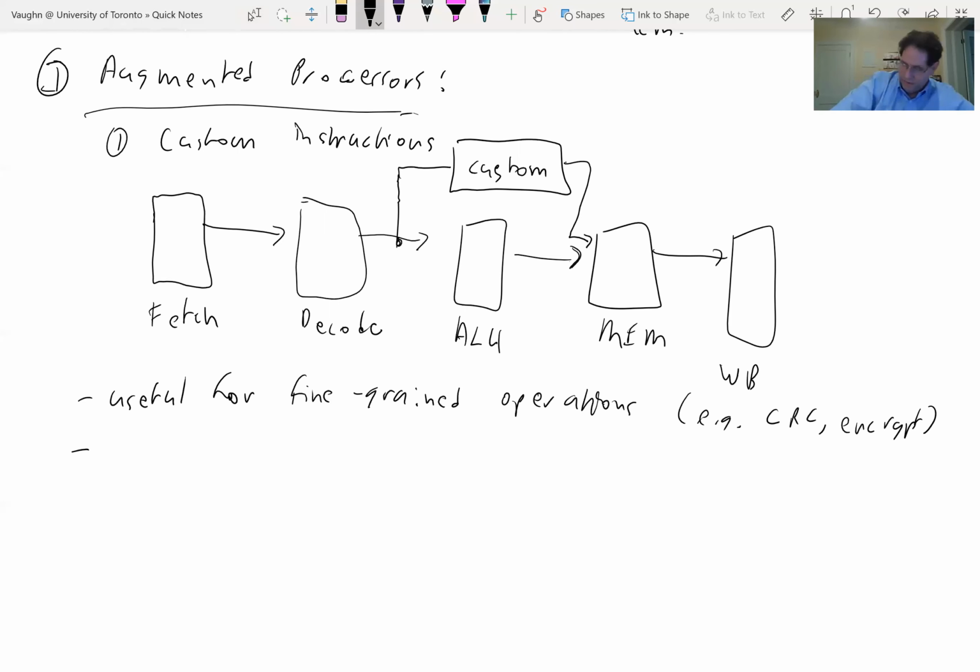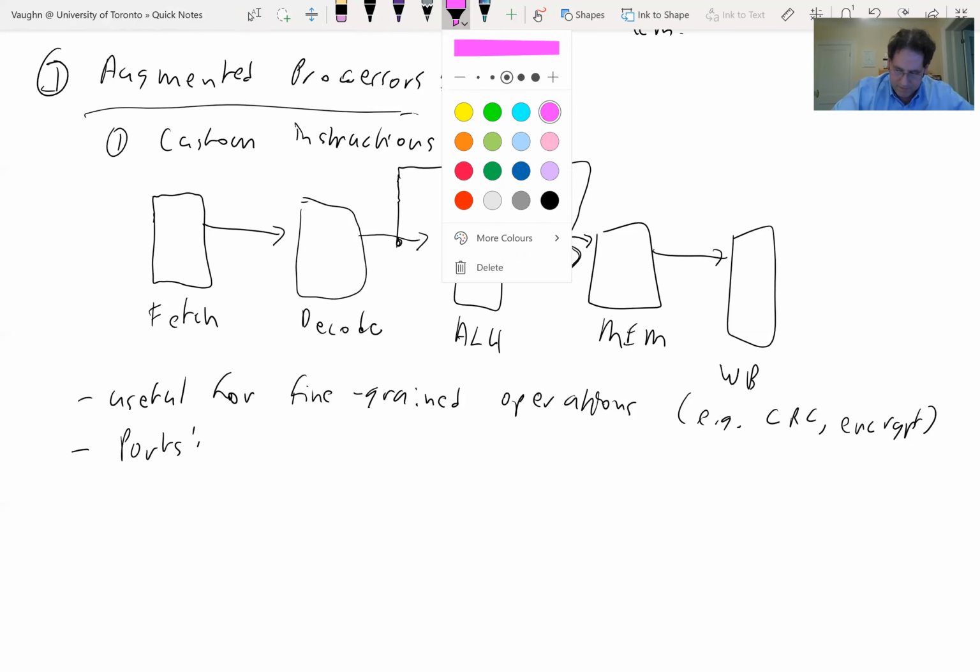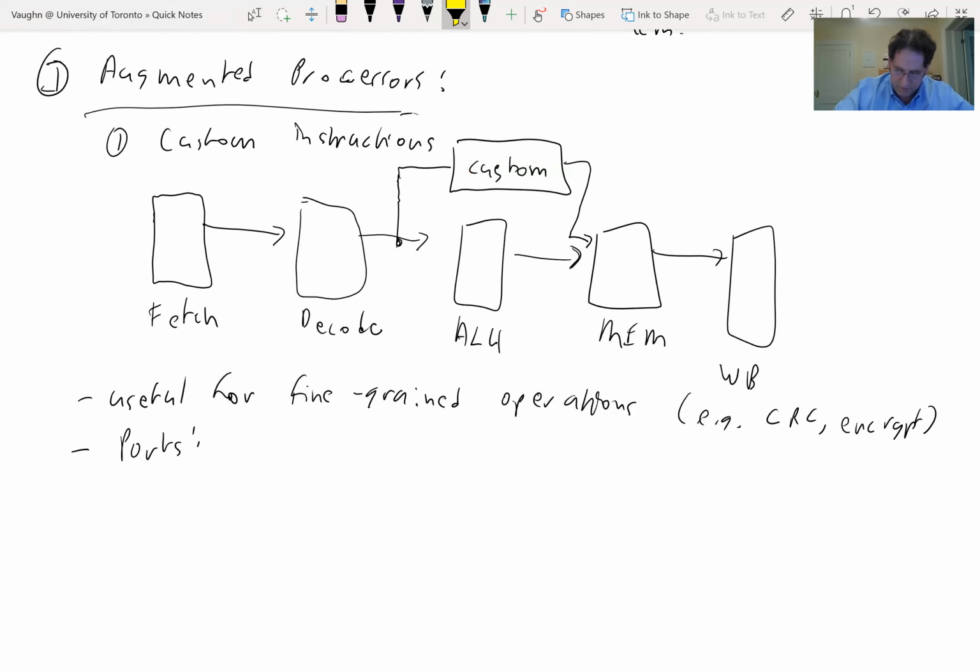So we have the number of ports, so the amount of data that we can get to this custom instruction. Let's see if I can find a proper highlighter here. Okay, so let's look at this custom instruction here. The number of ports we have from the register file defines how much data we can get to this custom instruction. And this whole CPU is generally built with a very limited number of ports to the register file, right?